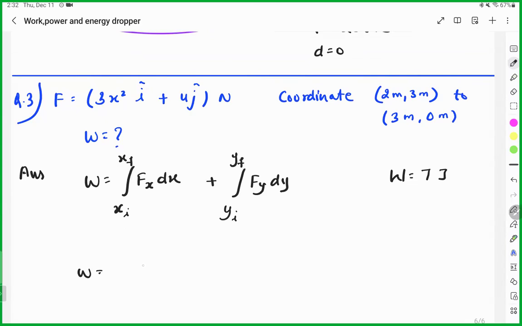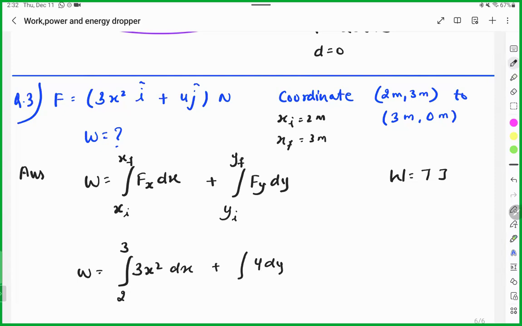If you do integration, what is the force value in the x-axis? 3x square. This x initial is 2 meter and x final is 3 meter, with respect to dx. Plus, in the y-axis, 4 j cap in the case of force, dy.